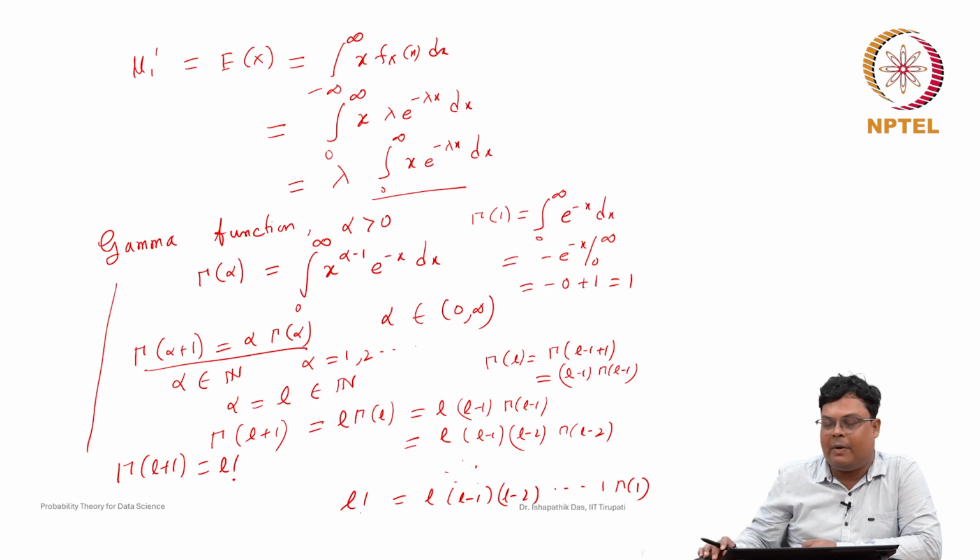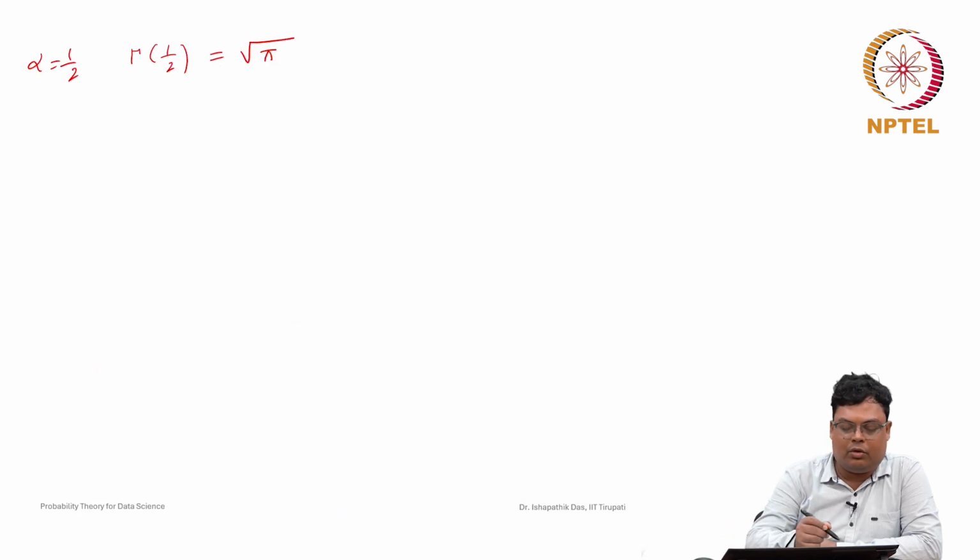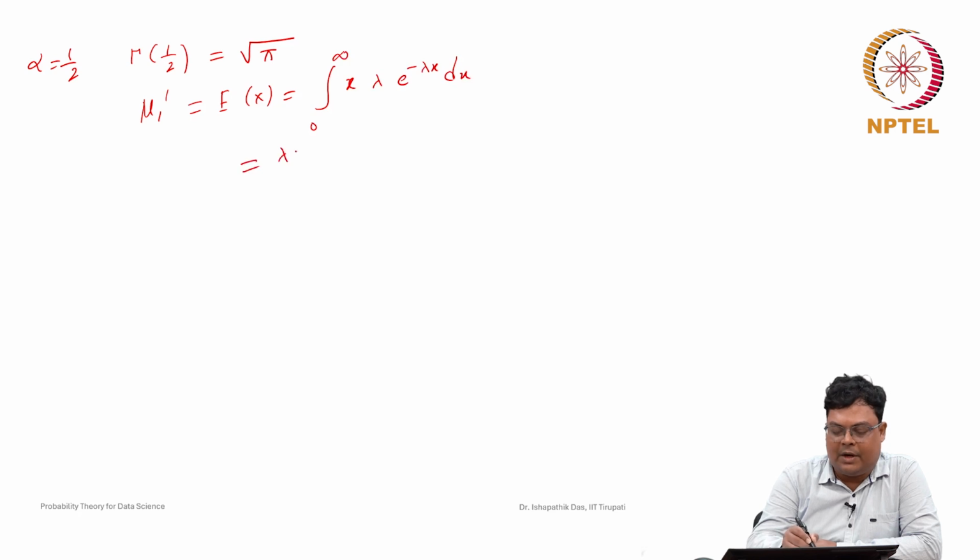Now we will find the expected value of x. This is mu 1 dash, the expected value of x, which is the integral from 0 to infinity of x lambda e to the power of minus lambda x dx. Lambda is a real number, independent of x. So, it is lambda times the integral of x e to the power of minus lambda x dx.